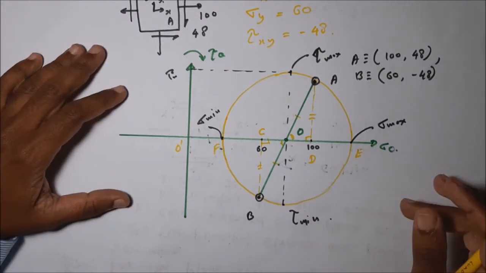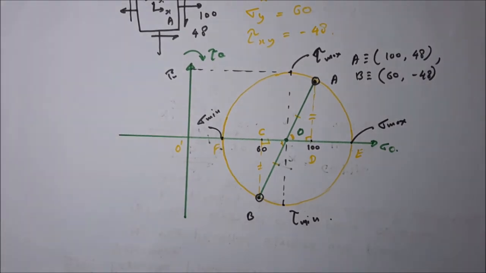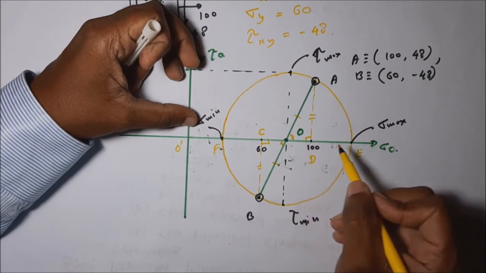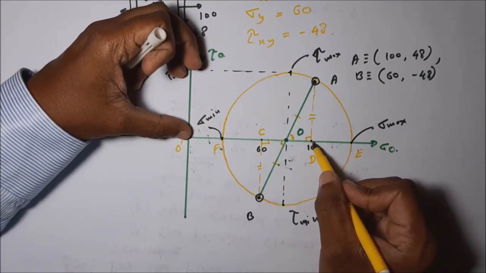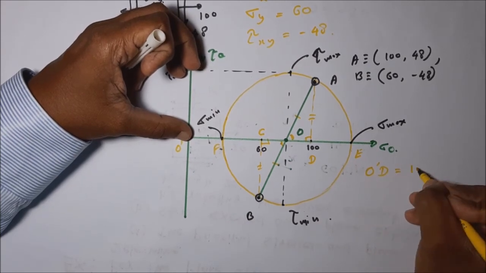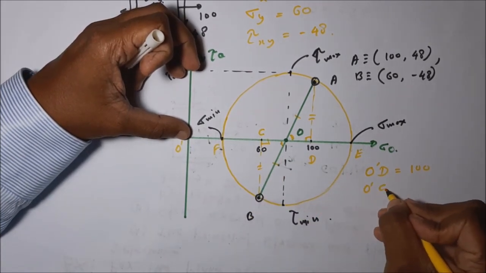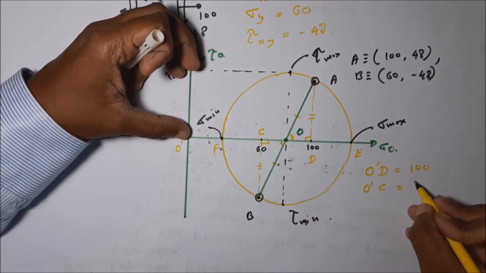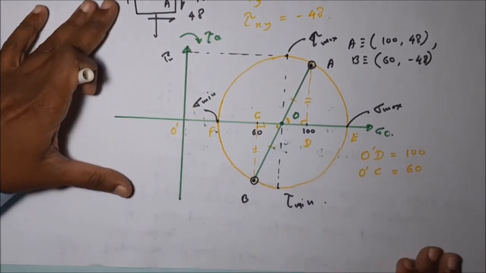Then we are going to find the maximum values. First tell me O dash D. O dash D is equal to 100. Then O dash C is equal to 60.